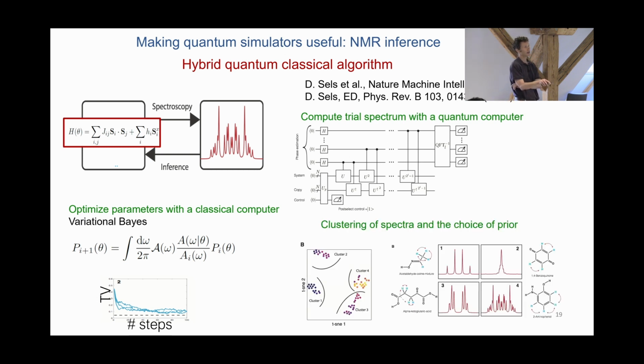So a brilliant idea by Dries was to say, well, let us first start by analyzing spectra of molecules which are actually relevant for biomedical sciences. This is a simple example of just 4-spin molecules. And you see that they cluster in a very natural way. Within each cluster, the character of the spectra is quite different.